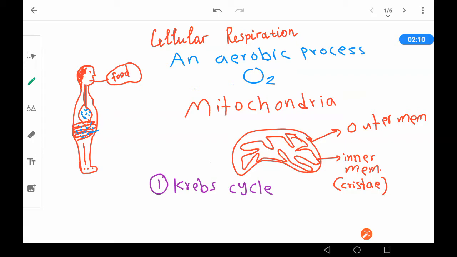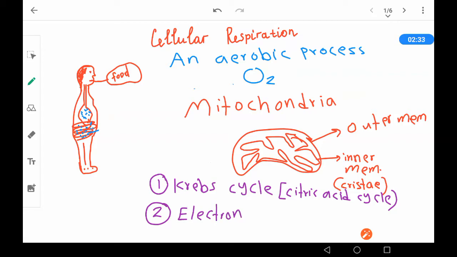Krebs cycle also has another name, the citric acid cycle. And the second stage of cellular respiration is the electron transport chain.